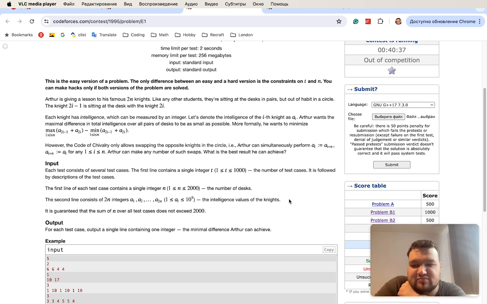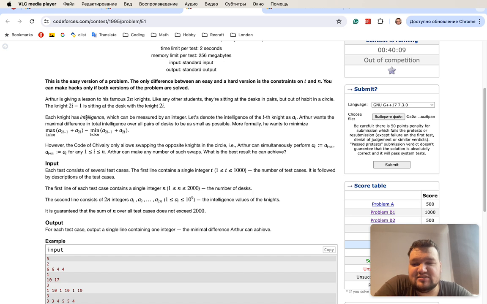So we have some 2N knights. They're sitting at the desks in pairs, but in a circle. So we have an array of n pairs of elements, but they're on a circular array, probably.